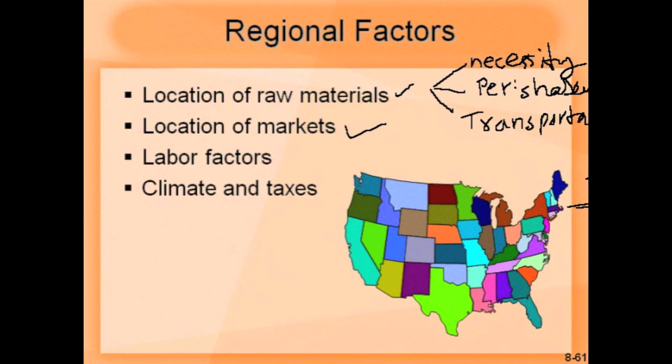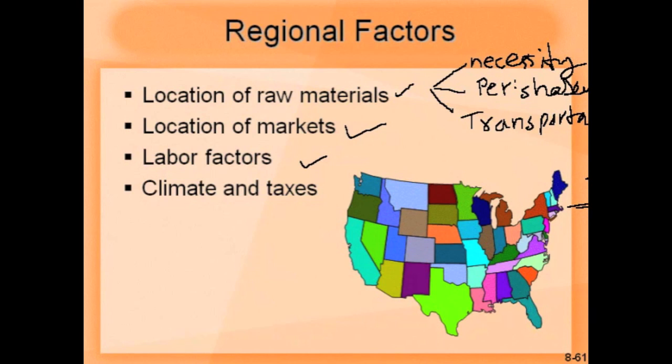It would be more expensive if they made the cars in Japan and then tried to transport them to the US. So it makes more sense that they locate near the markets and manufacture those products there and then provide them to the customers. Labor factors is another important thing.